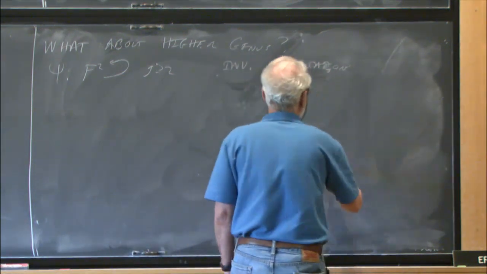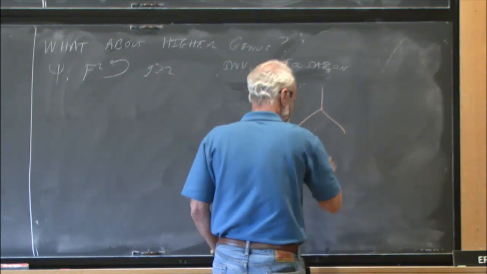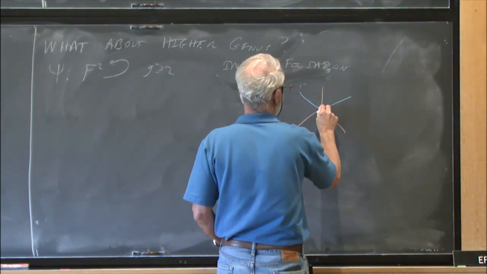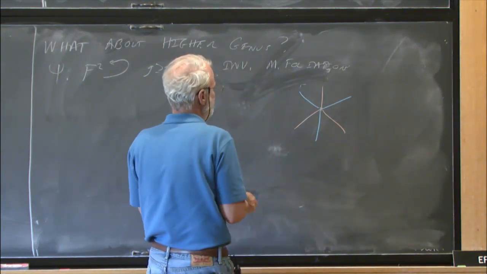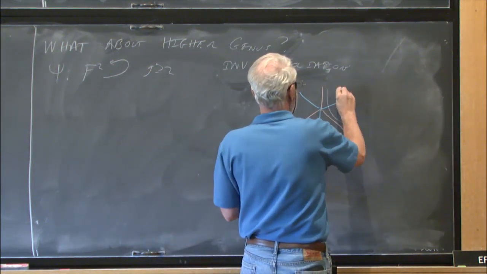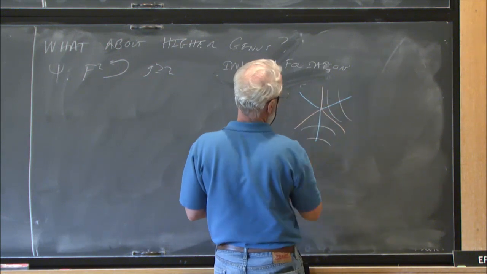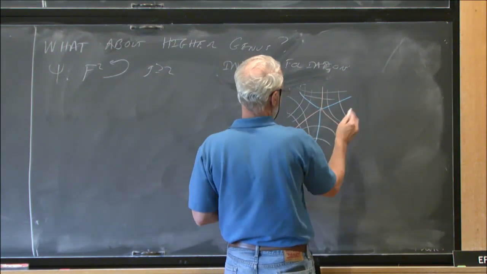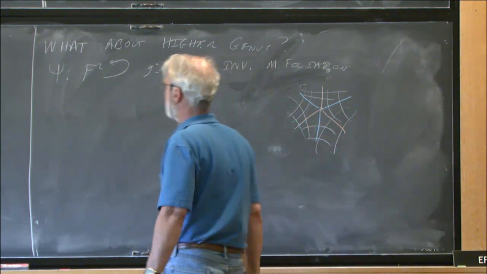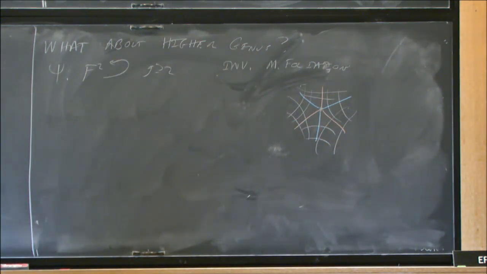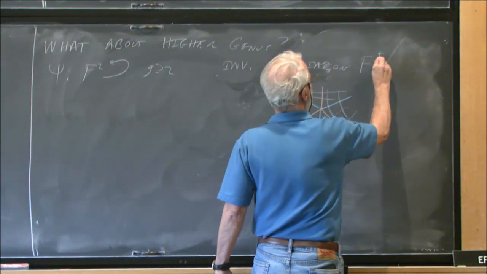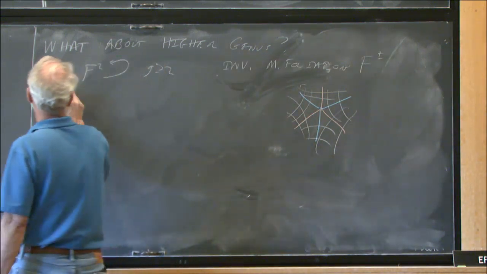So there's something like this, 2 transverse measured foliations. Picture like this. So away from the singularity, it looks just like the picture for the torus, in which invariant foliations, F plus or minus, that are stretched and squeezed.